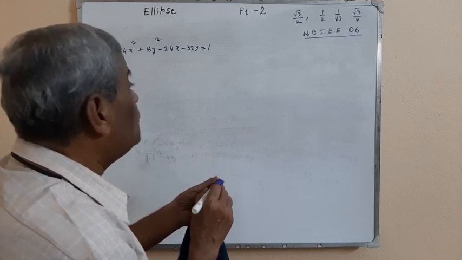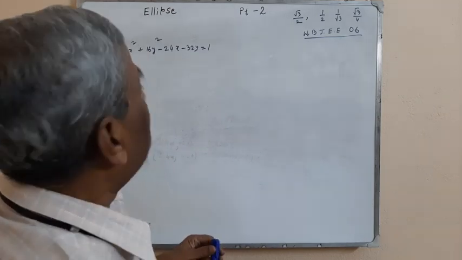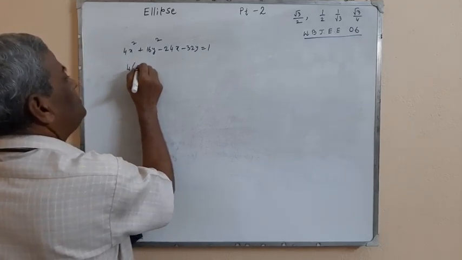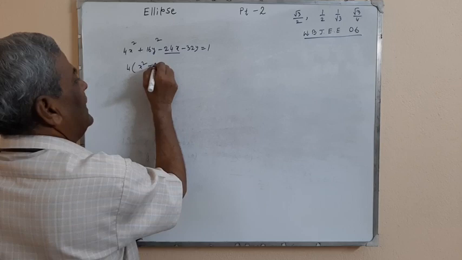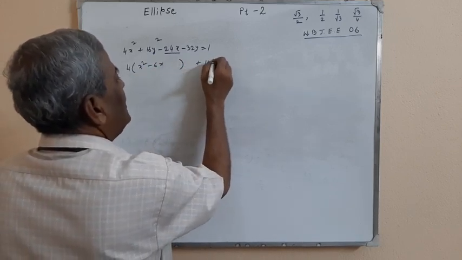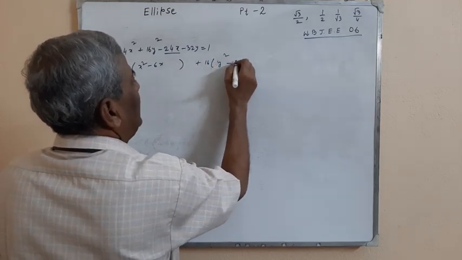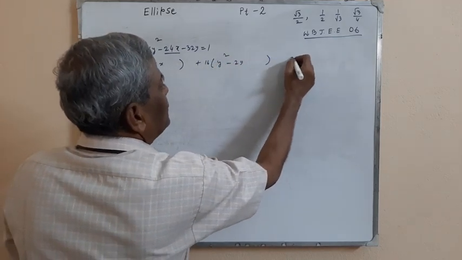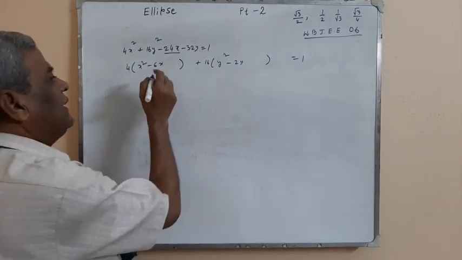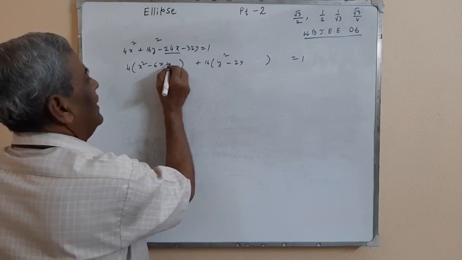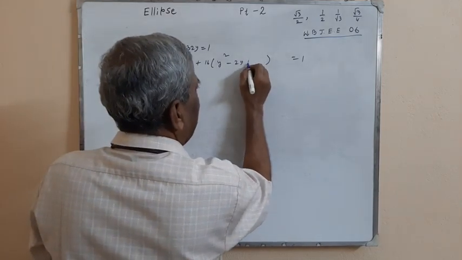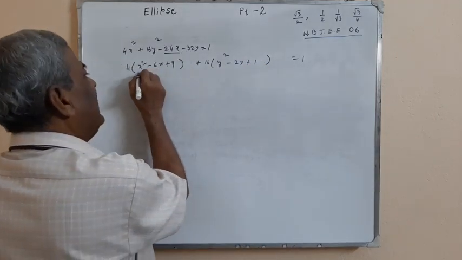The equation of the ellipse is not in standard form. It can be written as 4 into (x square minus 6x) plus 16 into (y square minus 2y) is equal to 1. By adding 9, which is 3 square, and adding 1, we can make each a perfect square.